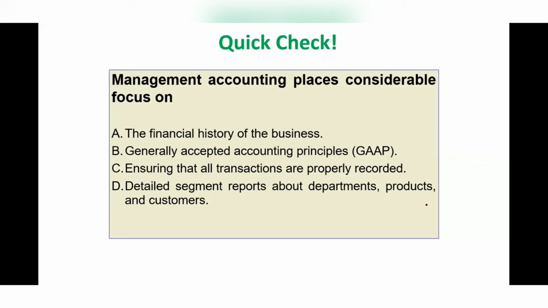What is it? Ano bang focus natin? A, B, C, or D? Alright. Pinagkukuha ko lang po ito sa mga previous na mga exams. And the answer is, parang isa lang answer natin. Very good. Answer is letter D. Detailed segment reports about departments, product, and customers.